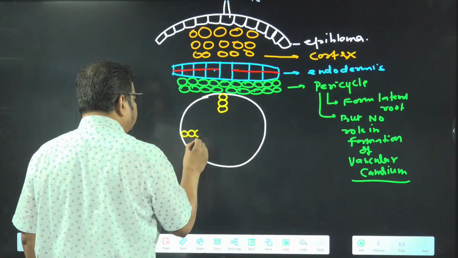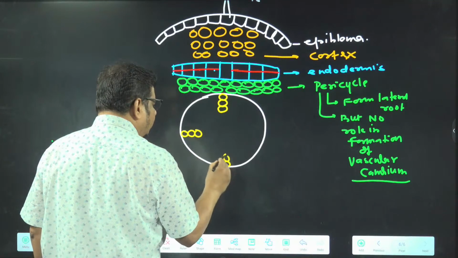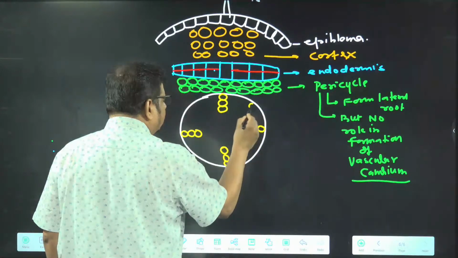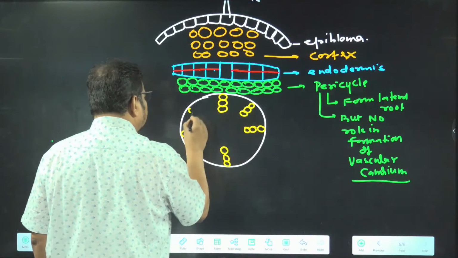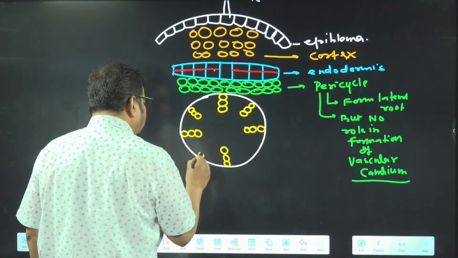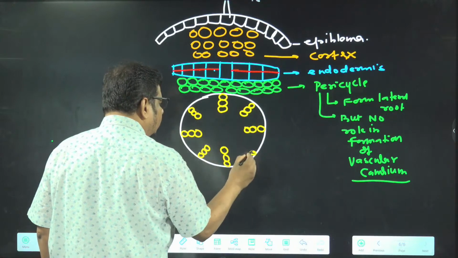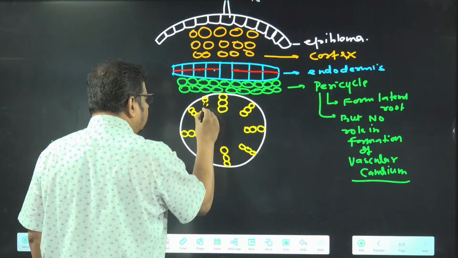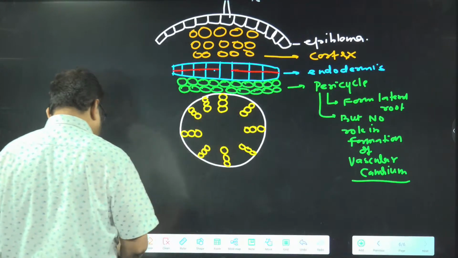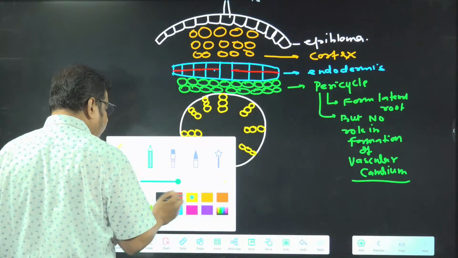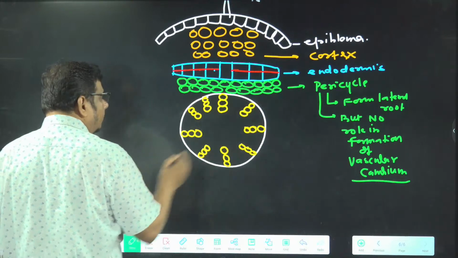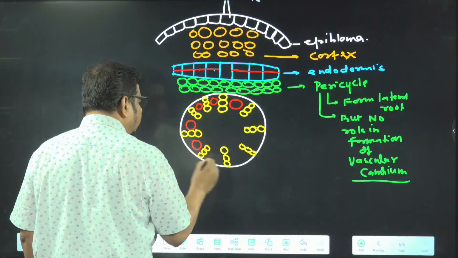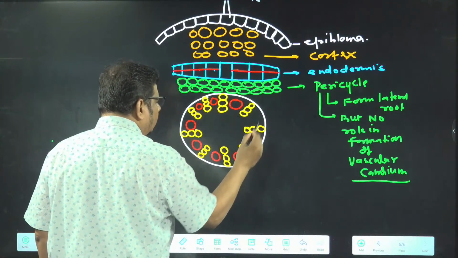Protoxylem is always smaller, metaxylem larger. Got the idea? And between xylem, who is present? Phloem.